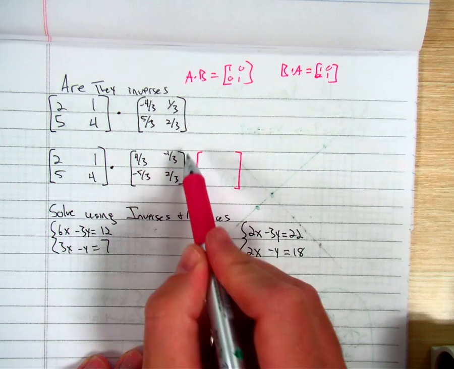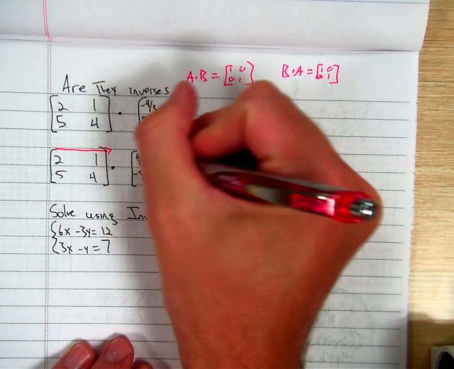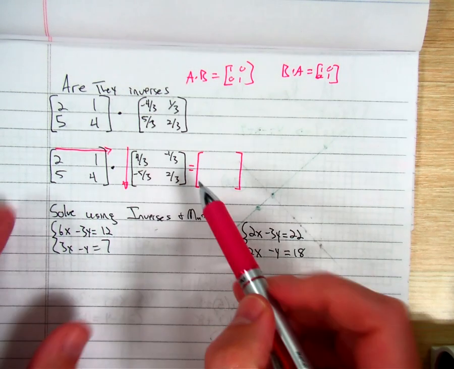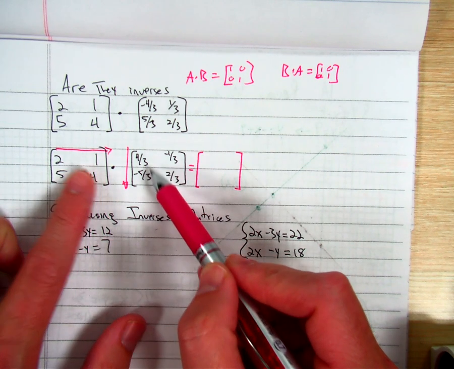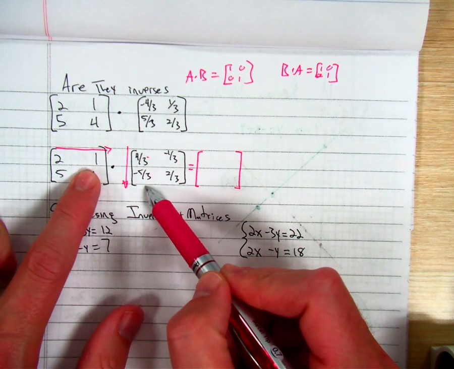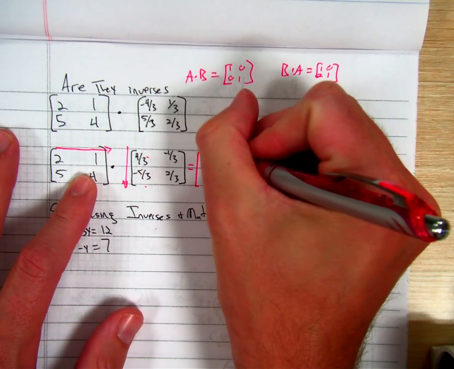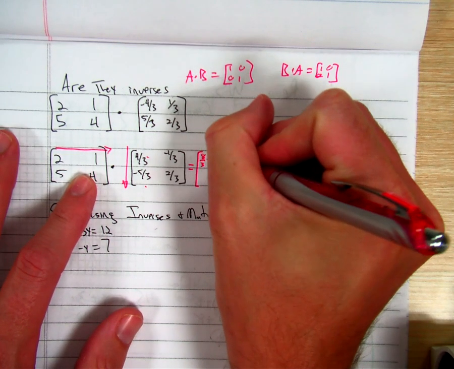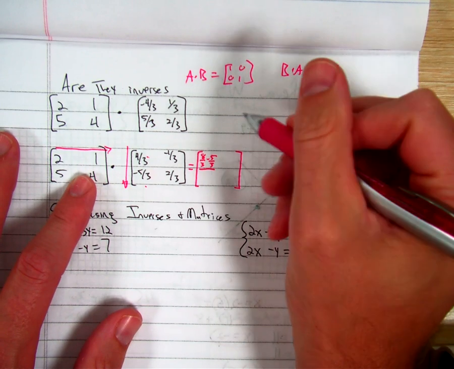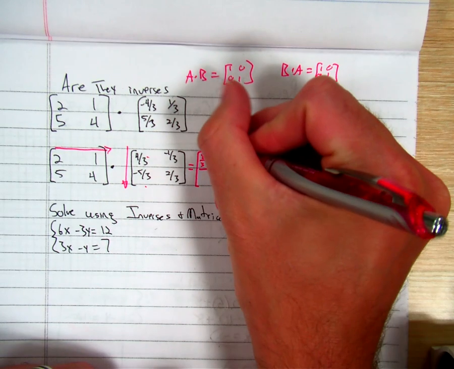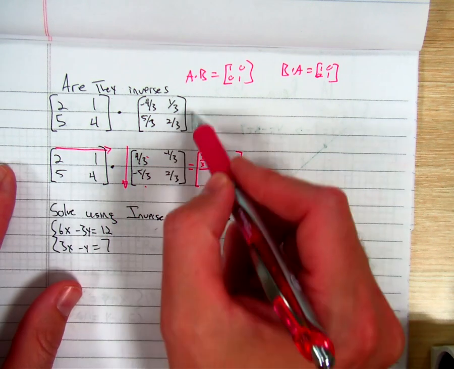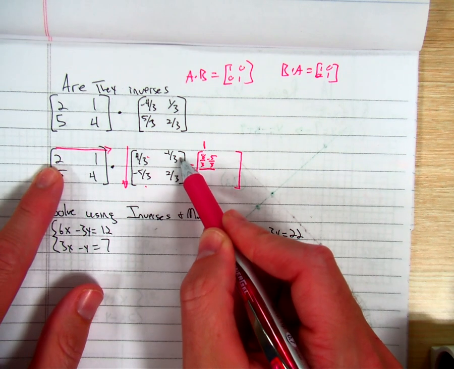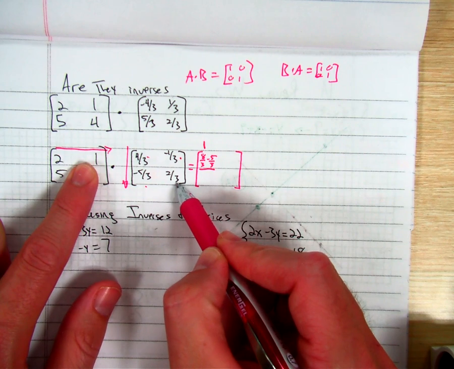Okay, so row times column. We have 2 times 4/3 and 1 times negative 5/3. That's going to be 8/3 minus 5/3, and that's going to be 3/3 or a 1. Row times column, we'll have negative 2/3 plus 2/3.